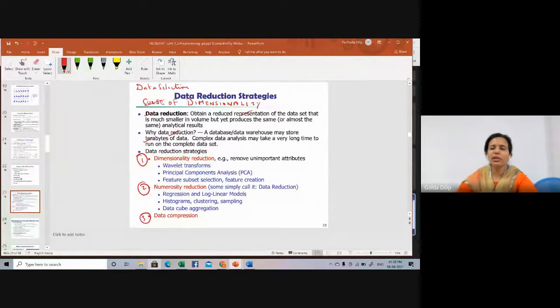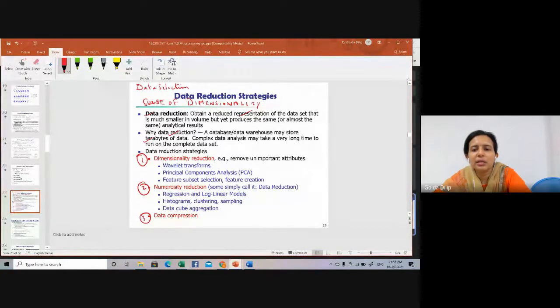Many of these techniques and methodologies are highly technical, so we'll just try to understand what it is all about from the data mining point of view, to understand the concept of data reduction. I'll give you the links where you can work it out and understand it at a next level.